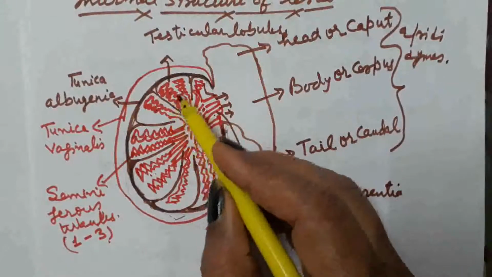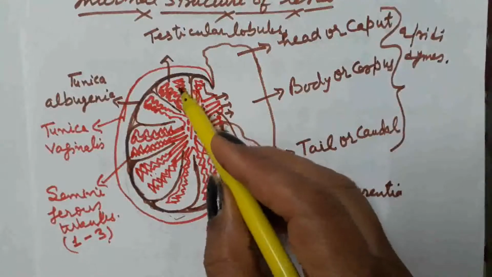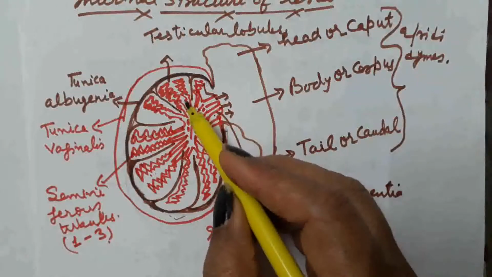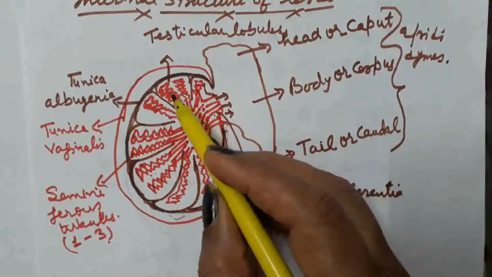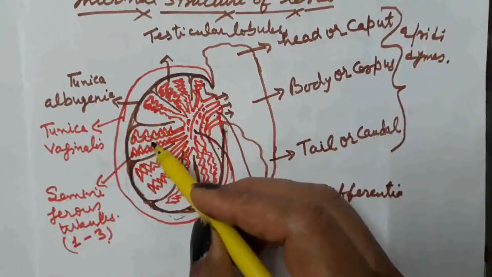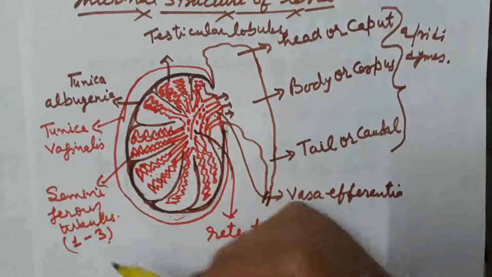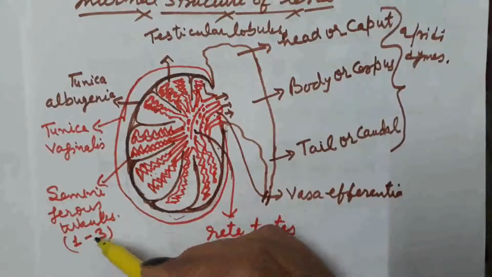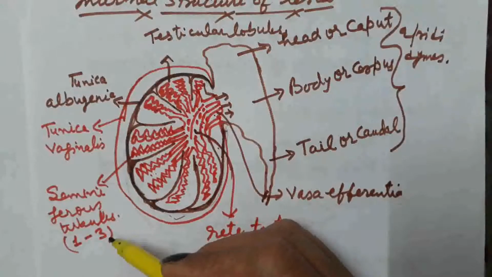In each testicular lobule there is a highly coiled structure which at the end turns straight. We call this highly coiled structure the seminiferous tubule. Their number in each compartment may be 1, 2, or 3.